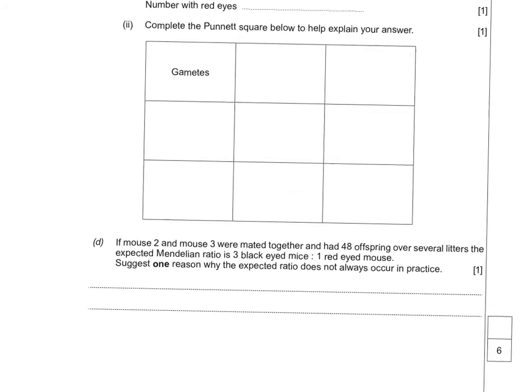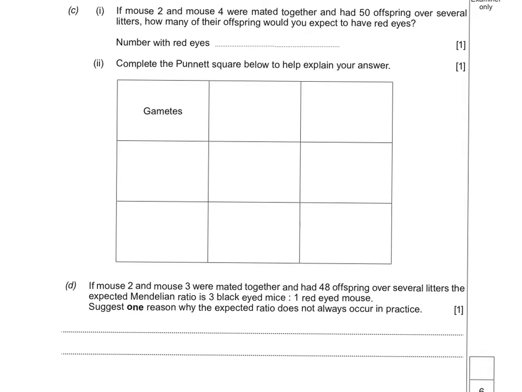Okay, then it says, if mouse 2 and mouse 4 mated together and had 50 offspring over several litters, how many of their offspring would you expect to have red eyes? Number of red eyes, and then complete the Punnett square to help you explain your answer. So I'm going to quickly go through. Mouse number 2 was big B, little b, and mouse number 4 was little b, little b. I would go back, but it messes up the recording, but I can remember.